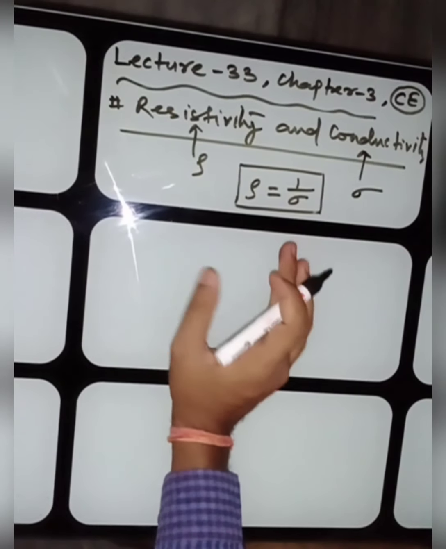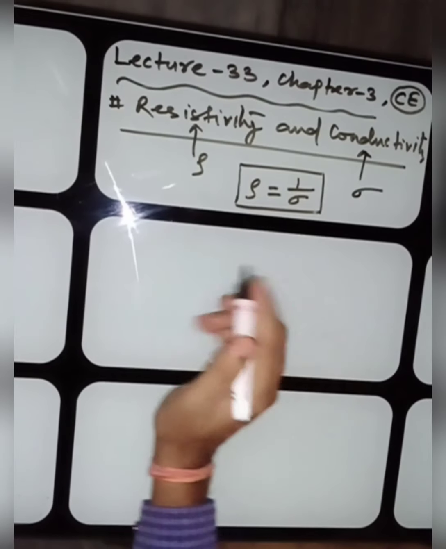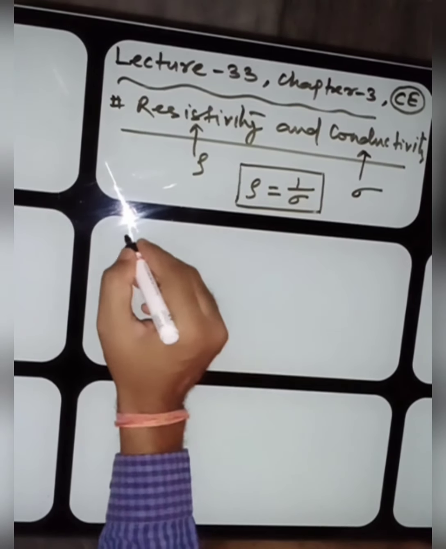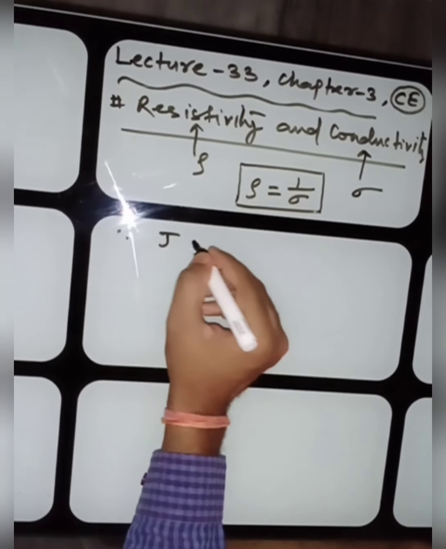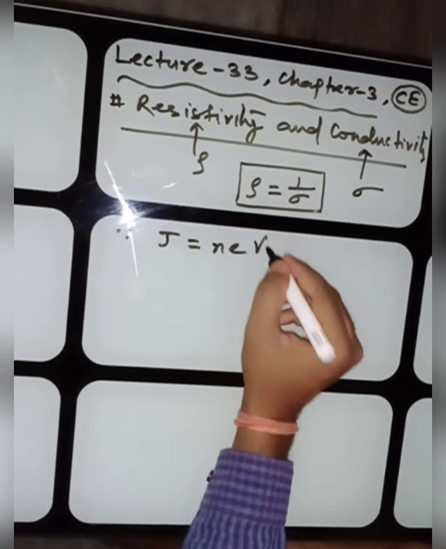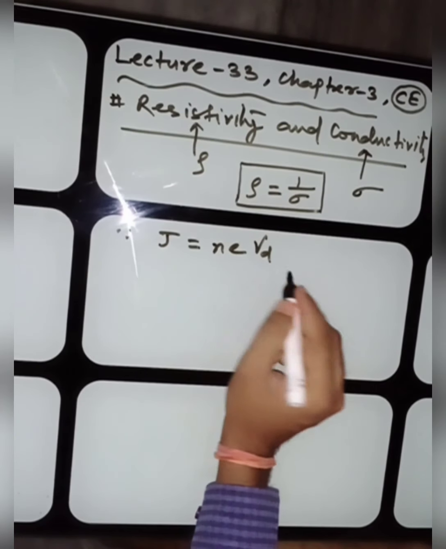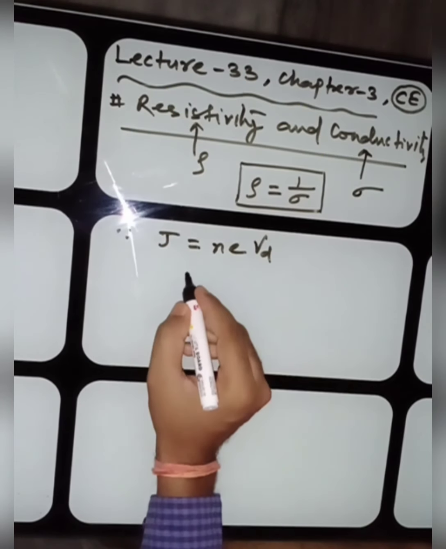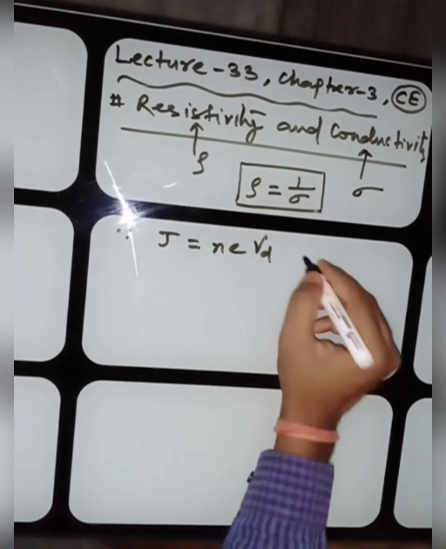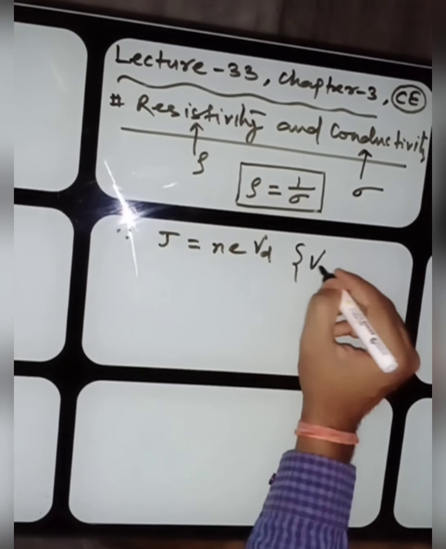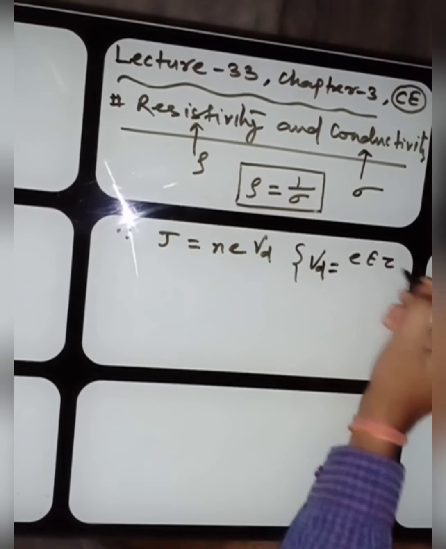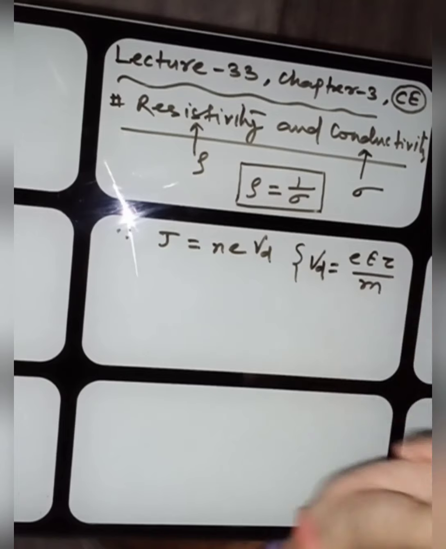Now, as we know, my dear student, J is equal to what we have derived, n e vd, the relation between J and drift speed. And we also know that drift speed is e tau by m.